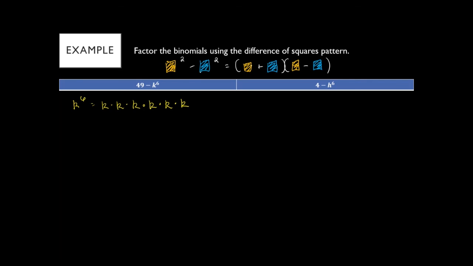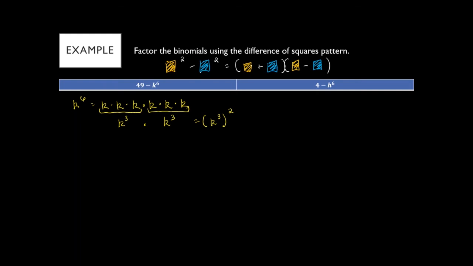We want to write this as something squared, which means there's 2 things multiplied together. So we're going to group it up so you have 2 things. And within those 2 things, we have 3's. So it's basically k cubed times k cubed, which can be written as k cubed squared. So that's how we're going to rewrite this.